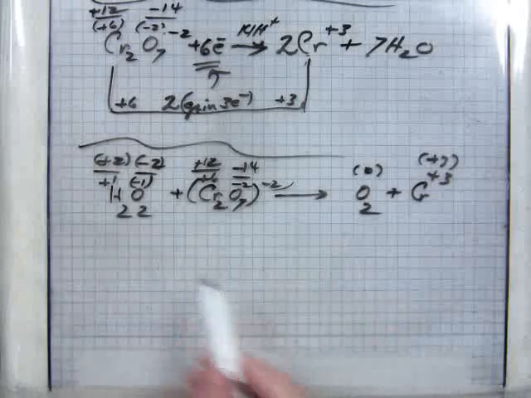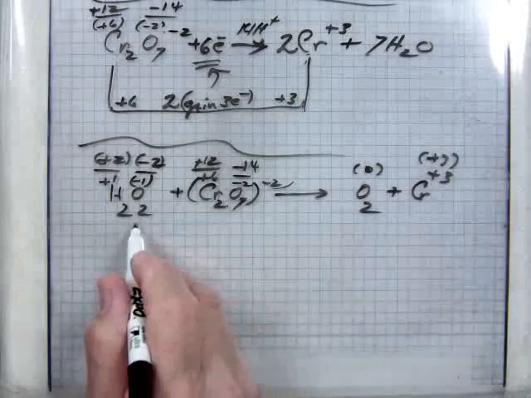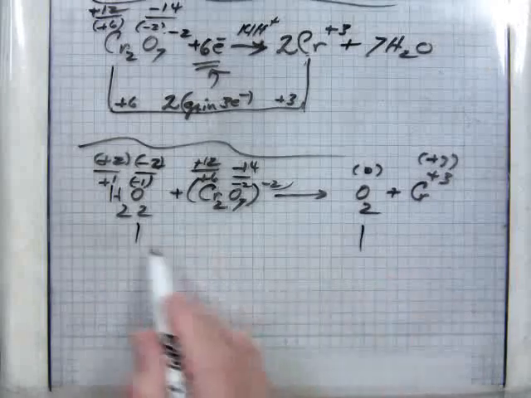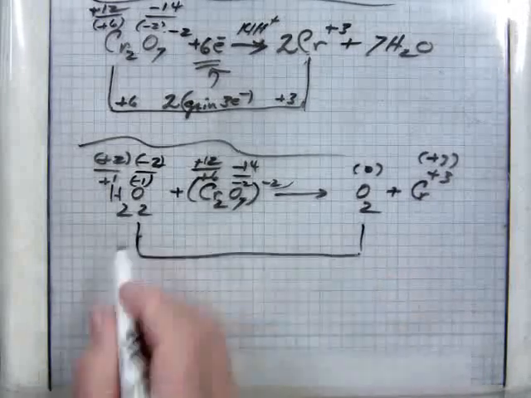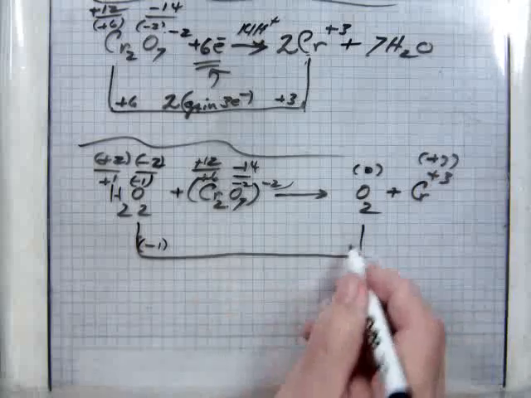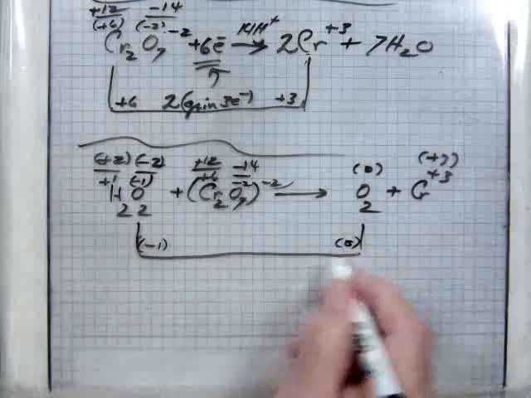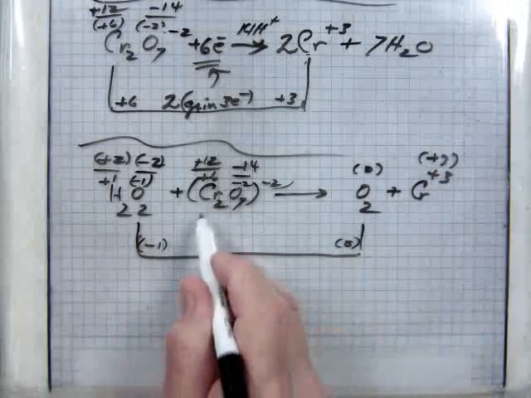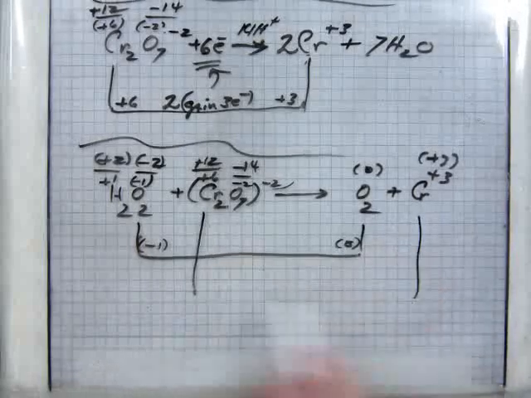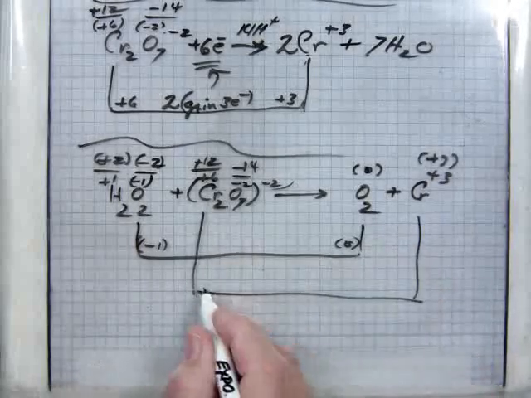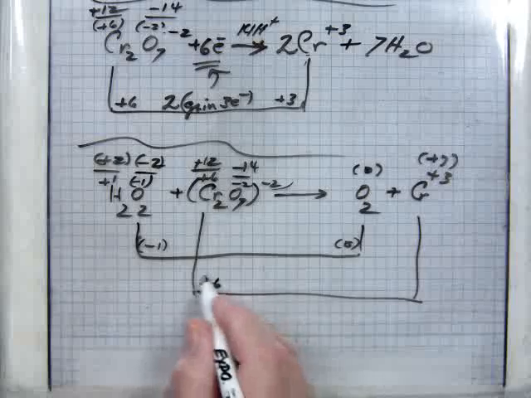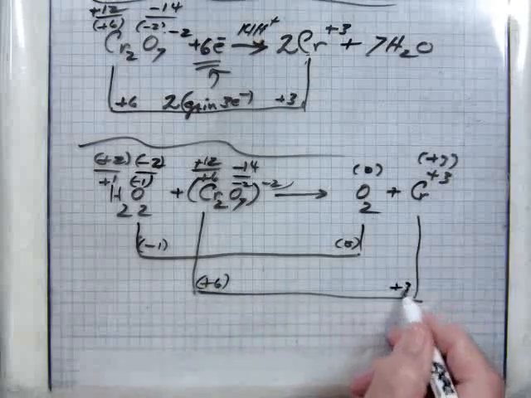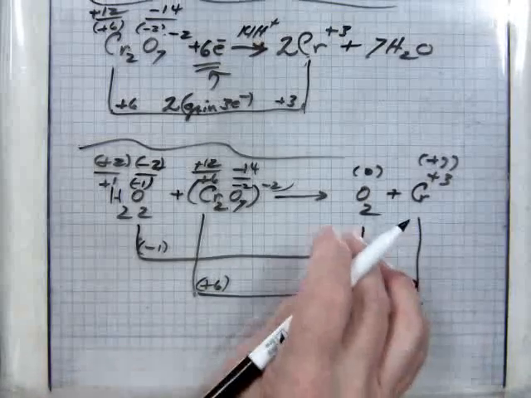So here we're going from a -1 to a 0. And then we're seeing the chrome going from a +6 to a +3.